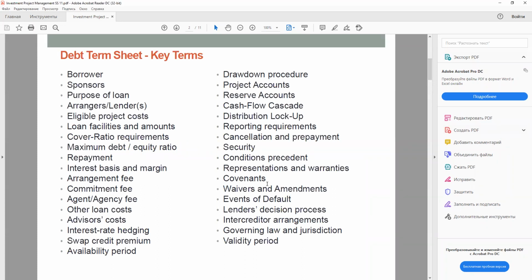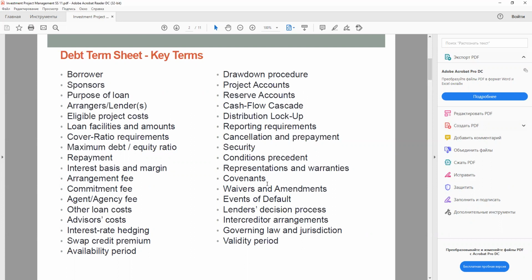So what we have is a term sheet that has to be signed to arrive at financial close, and it contains a lot of key terms we should be aware of. It's a very extensive list, and the lender's term sheet sets out a summary of the main commercial and financial terms and structure the lenders are offering, and in due course serves as a template for the financial documentation.